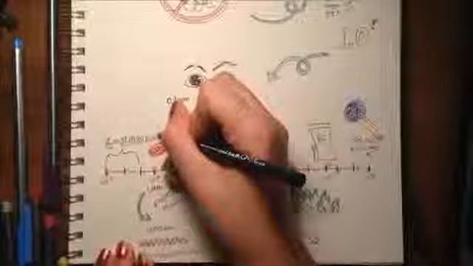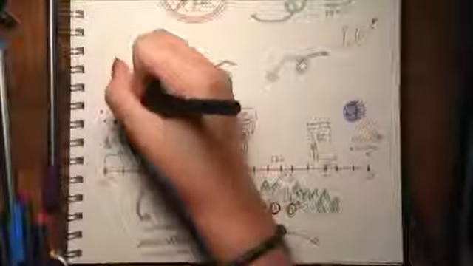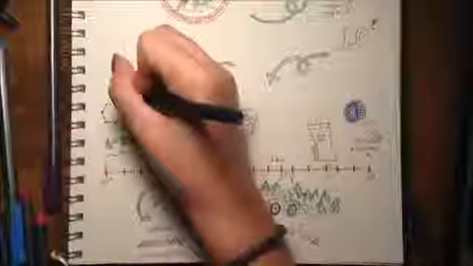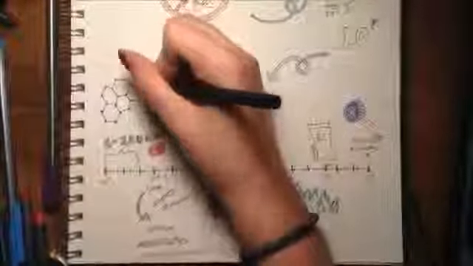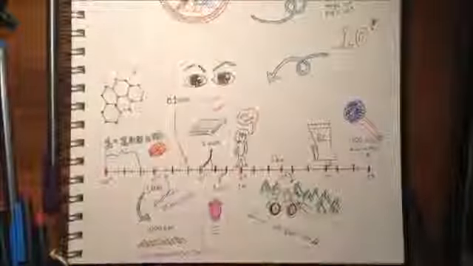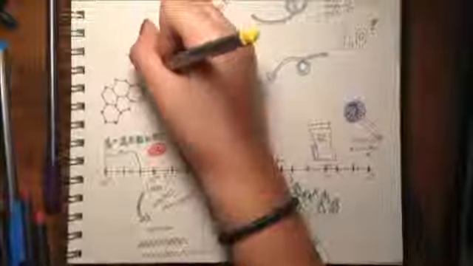In this range, there are materials like graphene, a hexagonal lattice of carbon atoms. And it is in this range that materials start to exhibit the weird properties that nanotechnology is famous for, like changing color.